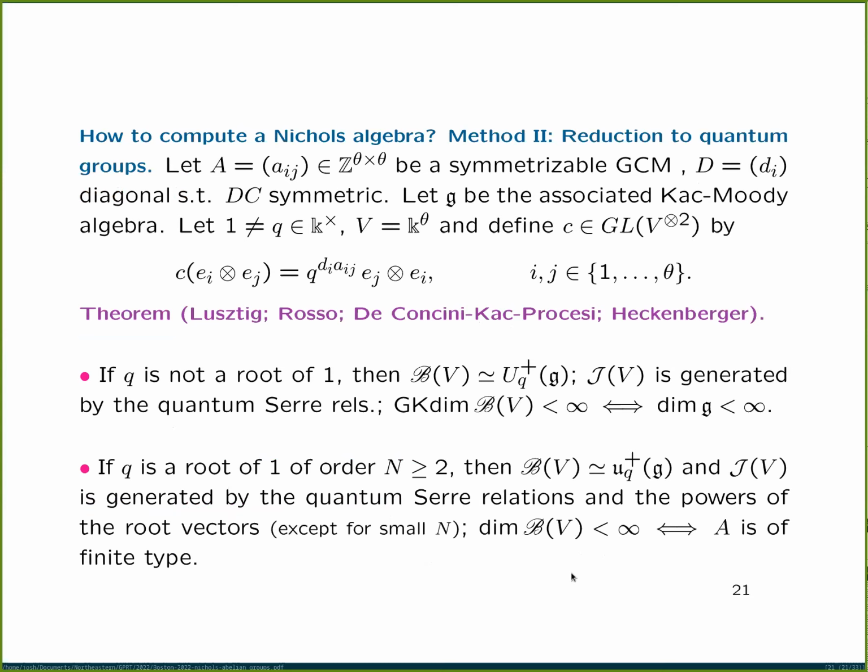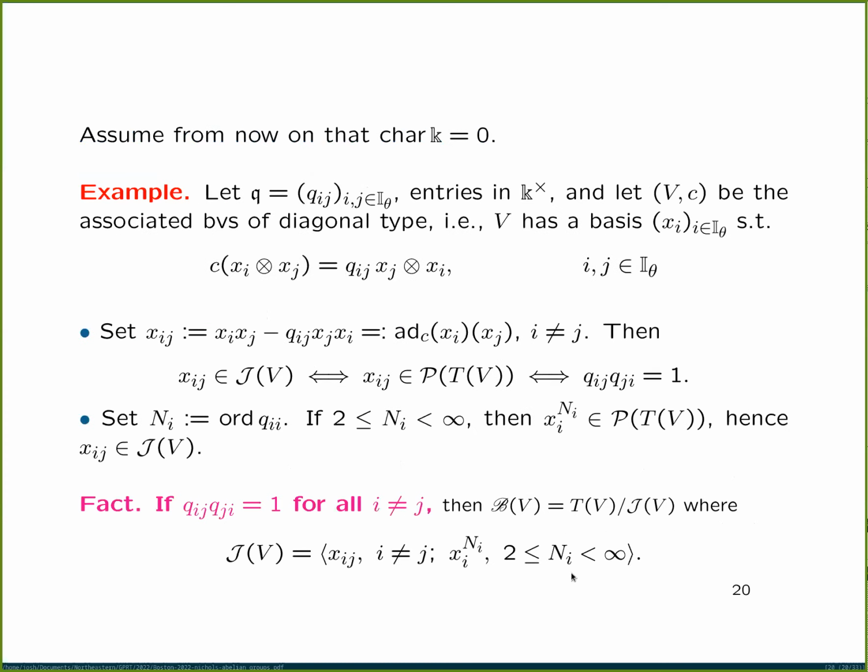If all the q's are -1, you are in the symmetric case, and this will be quadratic. Of course, let me say again, this is not quadratic in general. And as soon as ni is bigger than 2, it's not quadratic. But the condition qij qji equal to 1 is exactly the symmetric case.